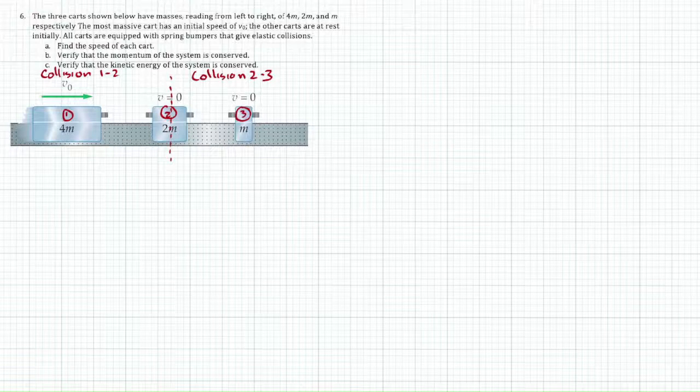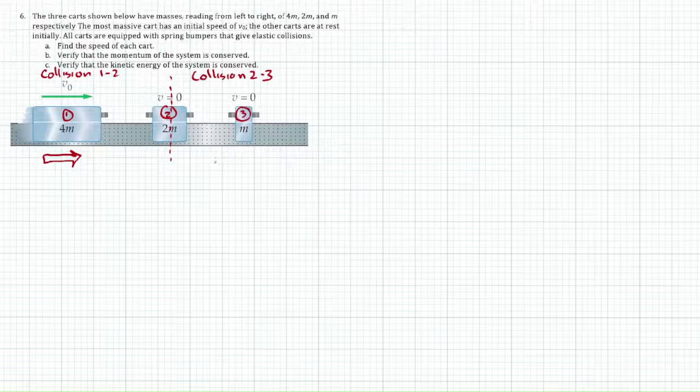Now the good thing about this is the fact that, like I said before, only this first mass right here has any initial velocity. Why is that good? That's good because in this first collision, the other object right here has no velocity. It's at rest, which is stated right here. So that means we can use a shorter version of our kinetic energy and momentum equations for collision 1 to 2.